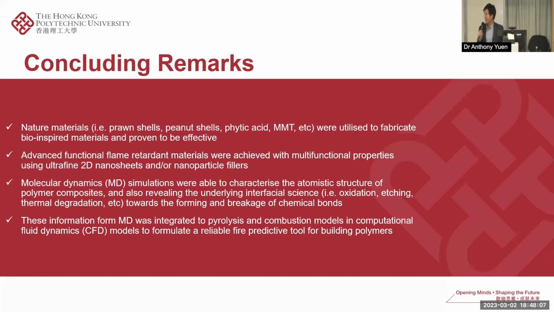Of course, they are not 100% effective, and you need to combine them with some other materials to functionalize them. So that's why we always need to formulate this advanced functional flame retardant by combining the organic material with some inorganic material that is more effective.